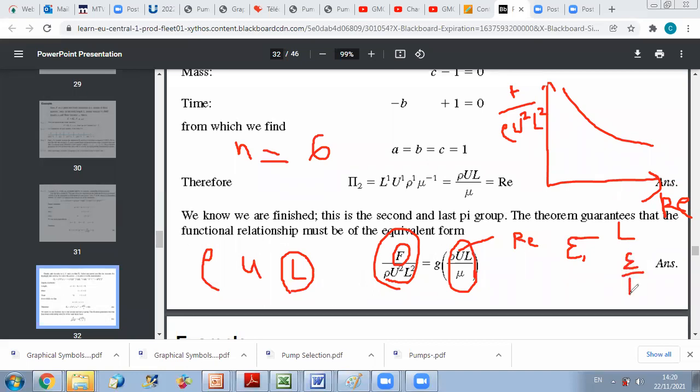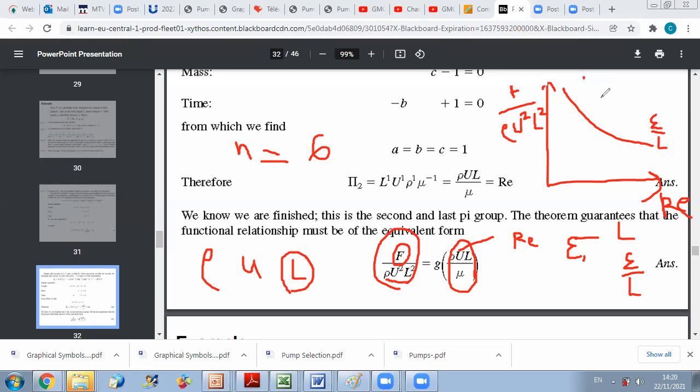So if you want, in this case, to present a chart, you will do the following. First, you will take the axis as F over rho U square L square, and this axis is Reynolds. And now you will draw curves for each value of epsilon over L. So you can fix epsilon over L, draw one curve, then change epsilon over L by changing L, for example.